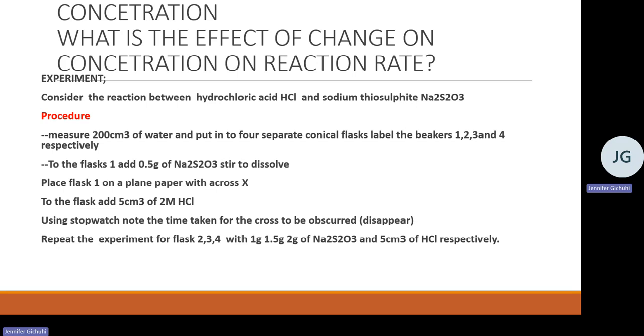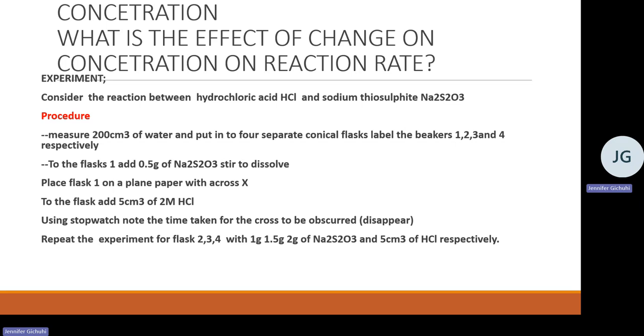So we have concentration as a factor, and we want to see the effect of a change in concentration on reaction rate. We have an experiment that we are going to perform, where we are going to consider the reaction between hydrochloric acid and sodium thiosulfate, whose formula is Na2S2O3.